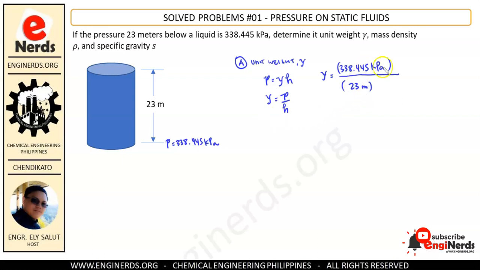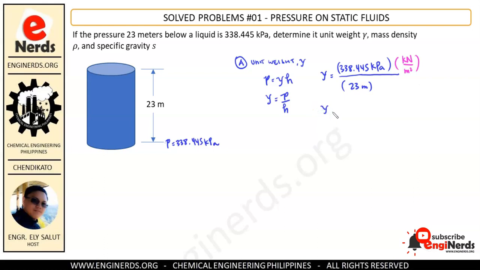Okay, so guys, we need to take note that kilopascal is also equal to kilonewton per square meters. Okay? So, what will happen dito sa ating equation, no? We'll have here kilonewton per square meter divided by meter. So, our denominator will be cubic meter, no?